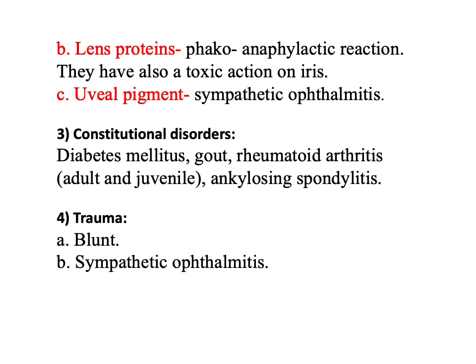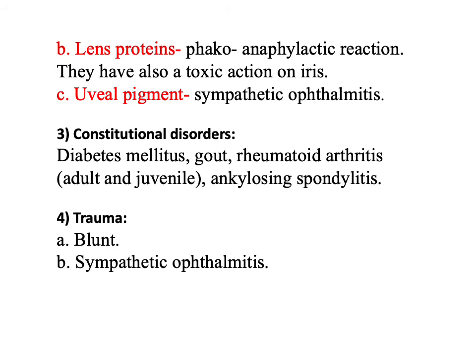The allergy may be due to lens proteins, like in phacoanaphylactic reaction. They also have a toxic action on the iris. Uveal pigmentation in sympathetic ophthalmitis: this is allergy, a type 4 hypersensitivity reaction to the uveal pigment.